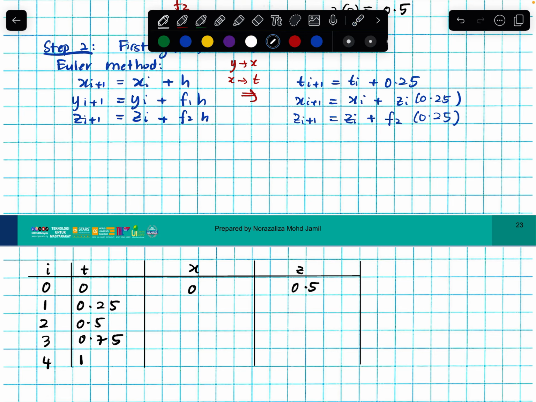And then when you calculate, you will get this value. You can derive this. For the z value, you will obtain this.